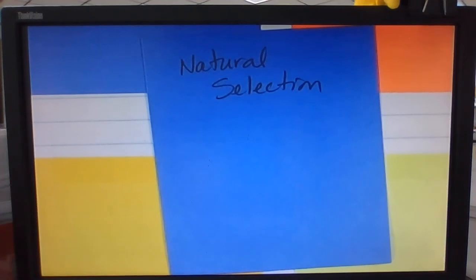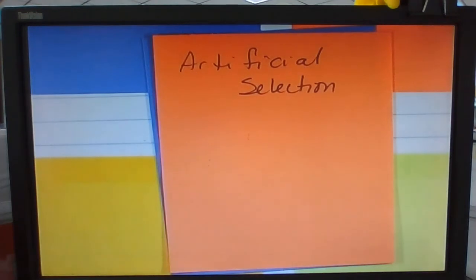On top of the purple one, you're going to label it natural selection. On top of the orange one, you're going to label that artificial selection.